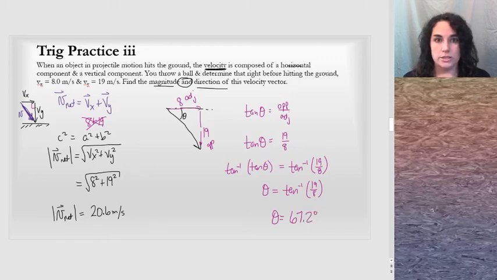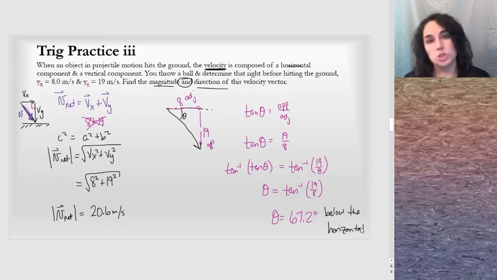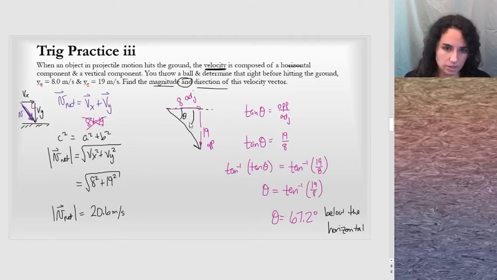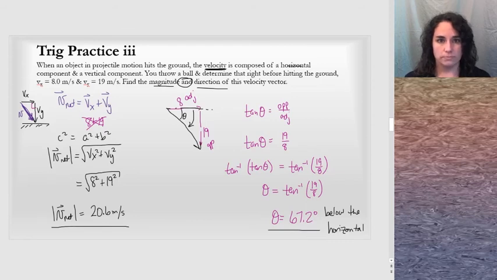Staying consistent with measuring from the horizontal, you may say 67.2 degrees below the horizontal. You could do a negative 67.2, but that's assuming that the horizontal is positive. A lot of times in this situation, they will just say below the horizontal, because we're measuring below the horizontal. If it was pointing upward, that would be above the horizontal. So that's how you would find the magnitude and the direction of a net velocity vector.